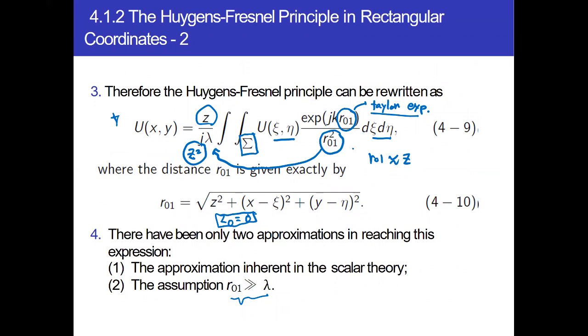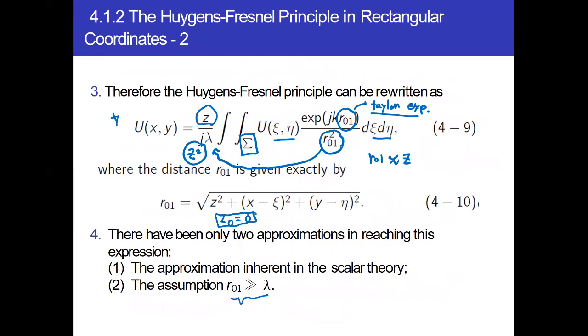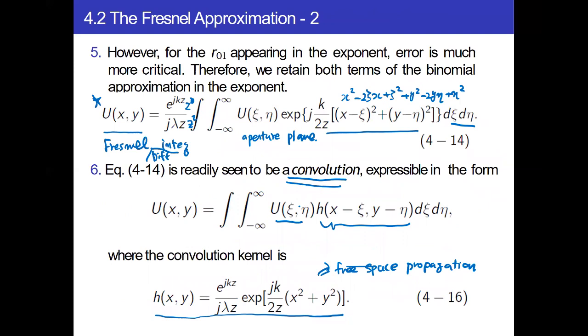And in order to get to the Fresnel equations, we assume that R01 can be expressed as this one, okay? And then the denominator becomes z squared, and this phase becomes this quadratic phase term. And then we get these equations.